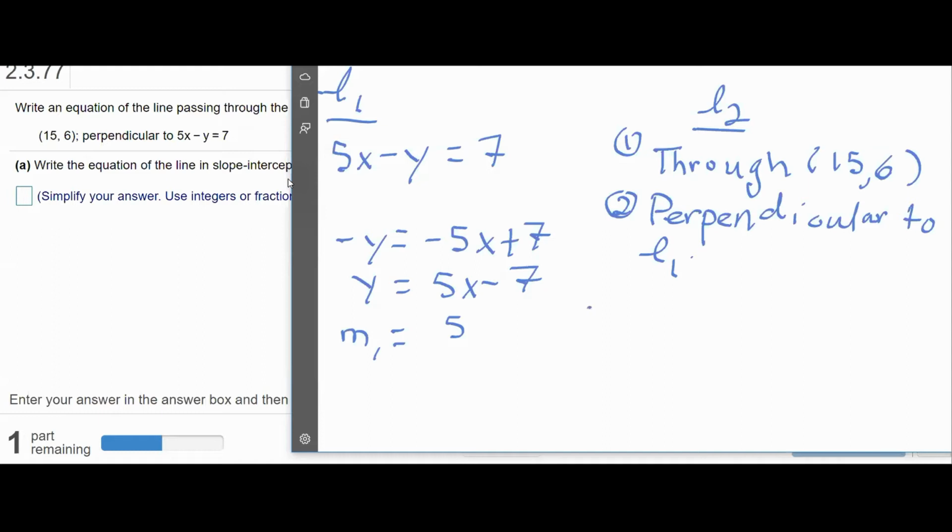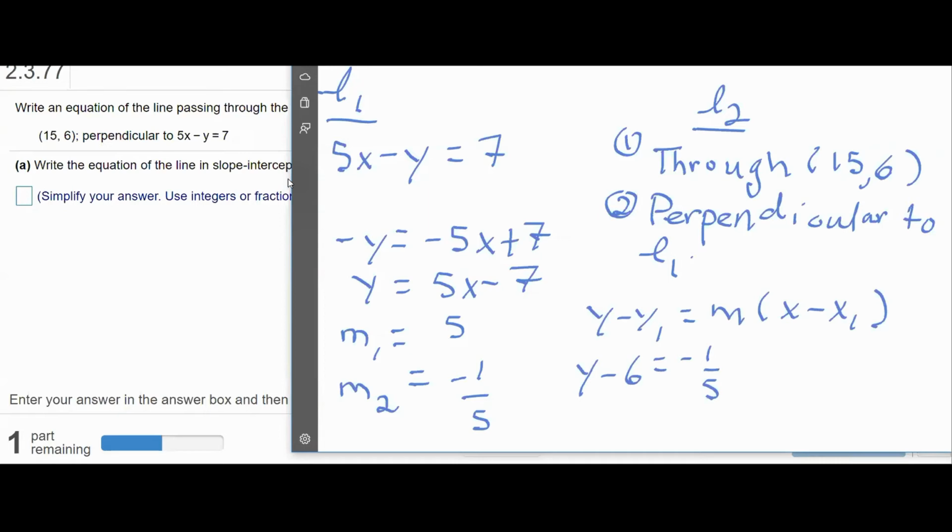So now I can plug in not 5 for the slope, but -1/5, the negative reciprocal of the slope of the first line, since the second line is perpendicular to the first line. Distribute.